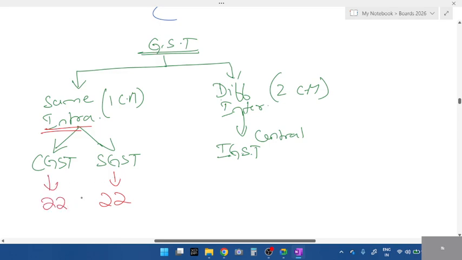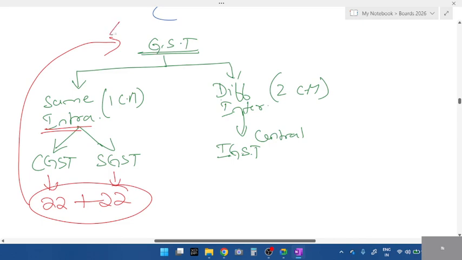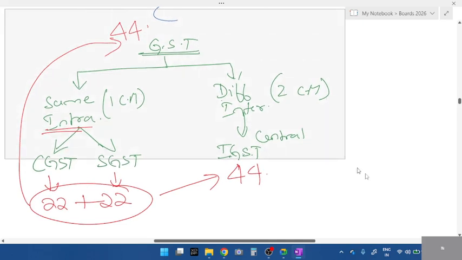If we add both, it becomes GST. How much is GST? 22 into 2 is 44. Rupees 44. If GST is 44, IGST also will be 44. That is basically 22 plus 22, 44. Okay, so we have the CGST, SGST concept, intrastate, interstate.